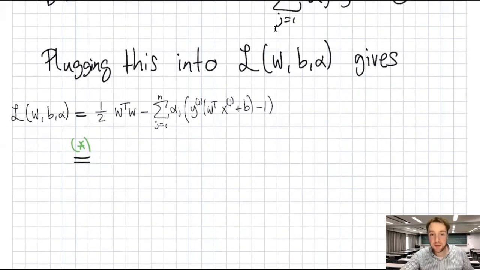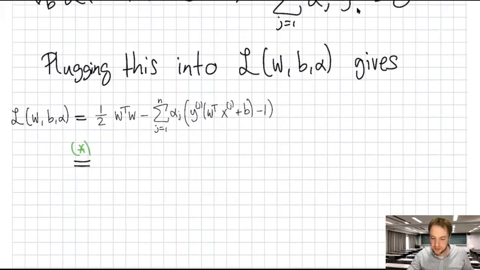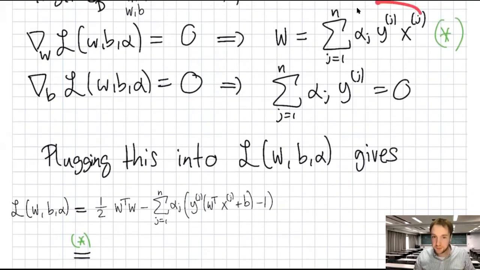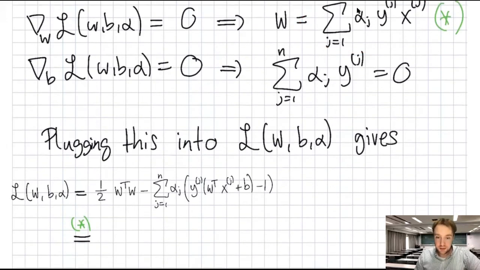Okay, so now let's plug the value for W into this thing here. So the W is given by this linear combination here.